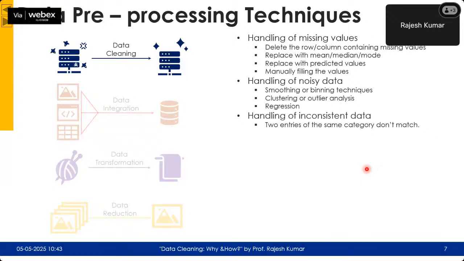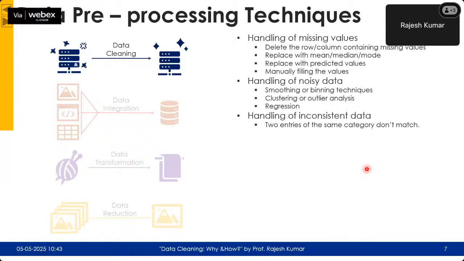Like if I have 1,000 rows, and out of 1,000 rows 20 are missing, or say 100 are missing, to make the number big, and most of those missing belong to one class, and if I remove them, then there is imbalance in the data. So that's not a good idea.